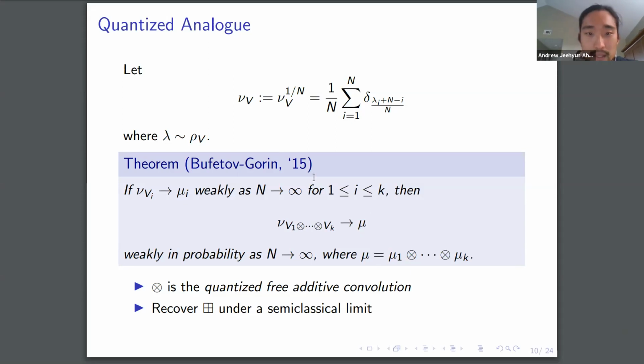This nu sub V is exactly the nu V epsilon that we defined before, but with epsilon tuned to 1 over n. The assumptions are exactly the same as before, except now epsilon is 1 over n, but the conclusion differs. The limit is not the free convolution of the mu i's. It is given by something called the quantized free convolution.